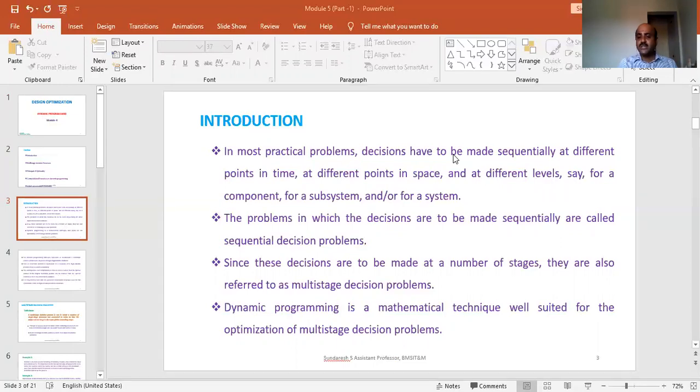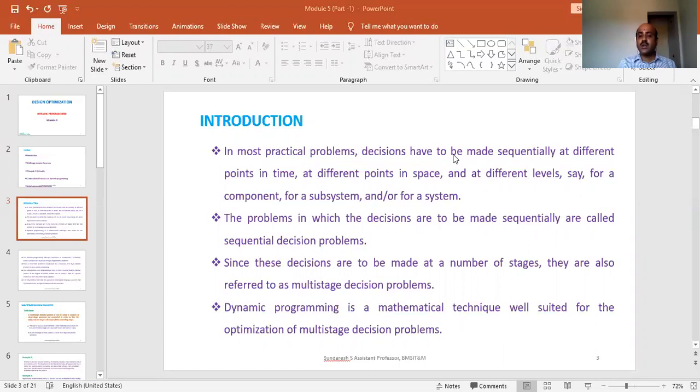The problems in which the decisions are to be made sequentially are called sequential decision problems. Sequential means, one after the other, we start making the decisions.